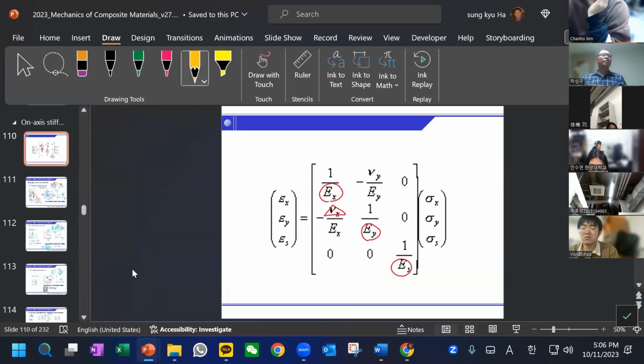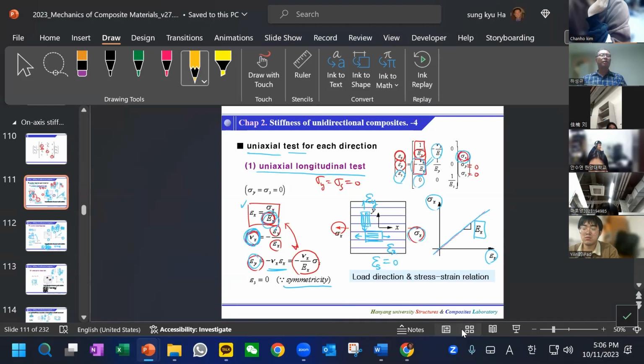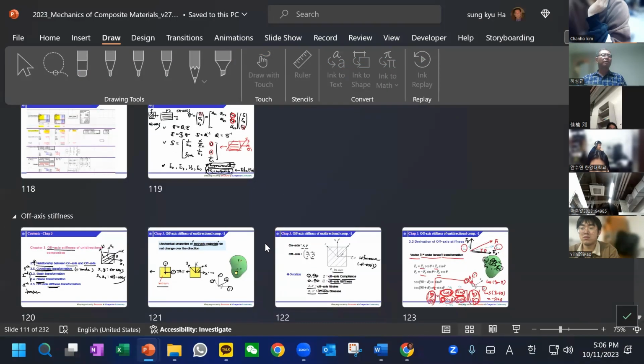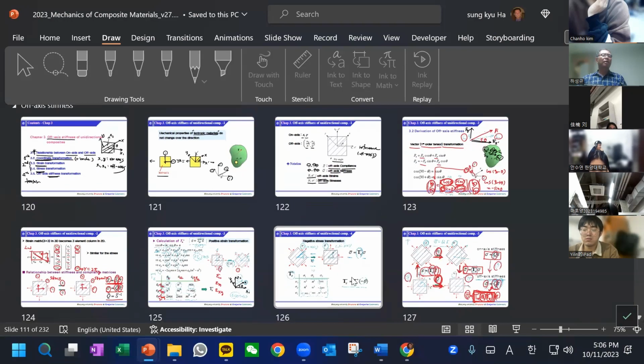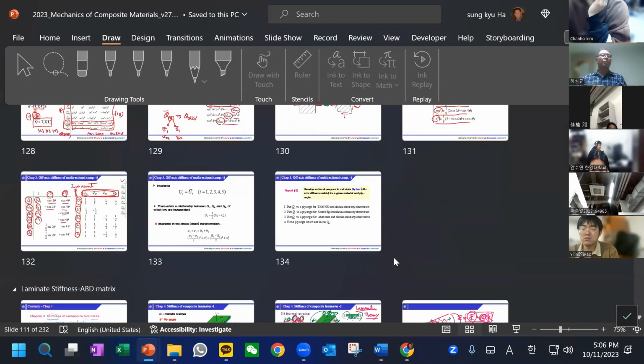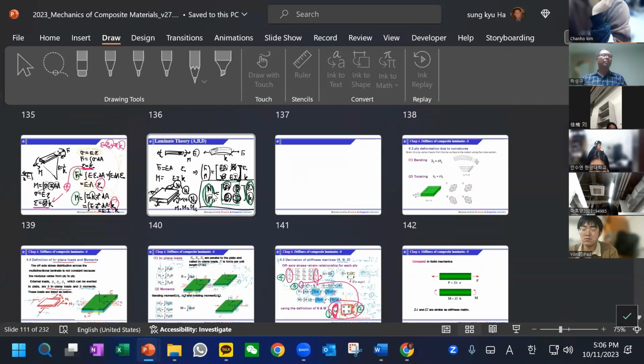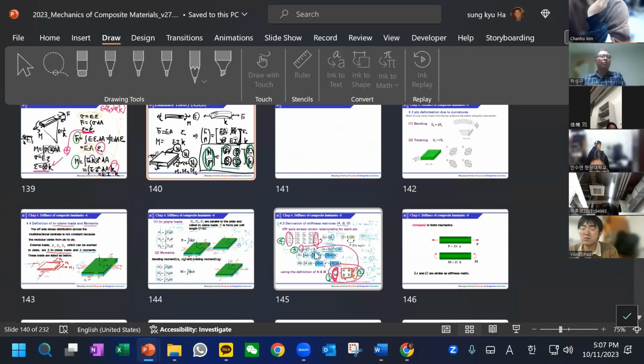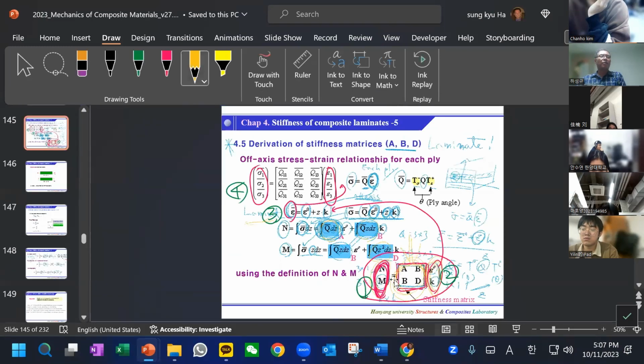I skip many steps, but I like to go top down rather than bottom up. Top down, we remember this flow and concept. And then how do we calculate the ABD? Once we have an ABD, we can get this one, okay?